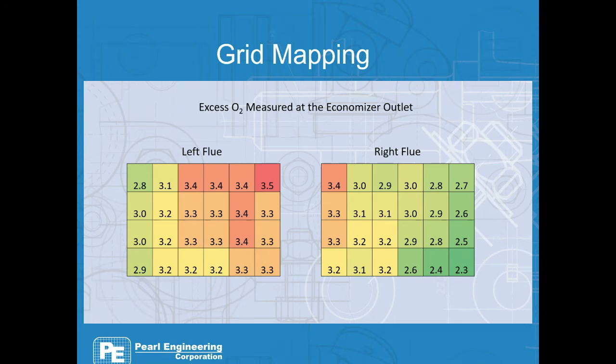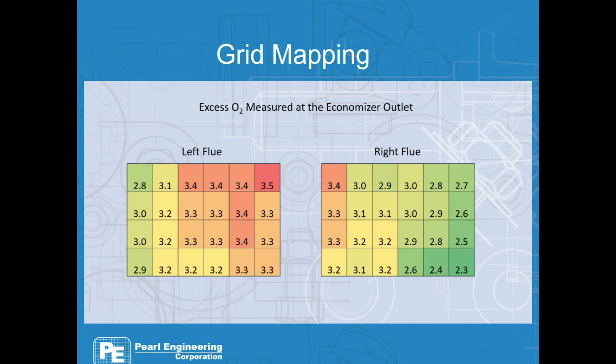But you're really missing out. If you have a multiple burner boiler, you can make changes to the vanes on your burners themselves, and you can balance this across. Now, the rule of thumb is you've got carbon monoxide, excess oxygen, and NOx, and you can improve 2 of the 3.